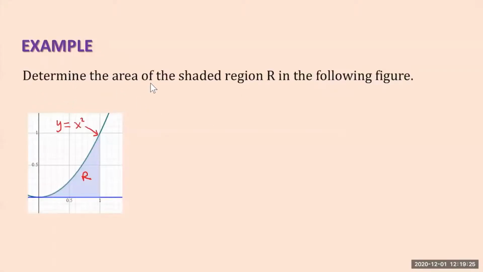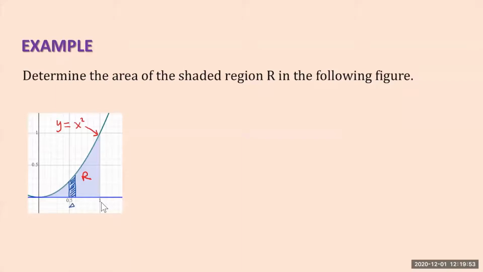Example, determine the area of the shaded region R in the following figure. So here we have the graph of the function y equal to f of x. We have the region R bounded by the function and the x-axis between x equal to 0 here and x equal to 1. If I try to draw a vertical rectangle of width delta x, it will look like this.